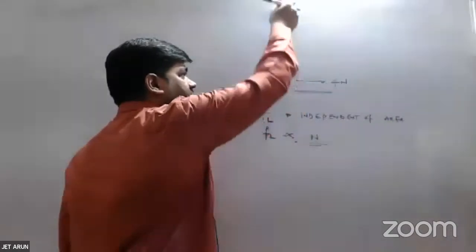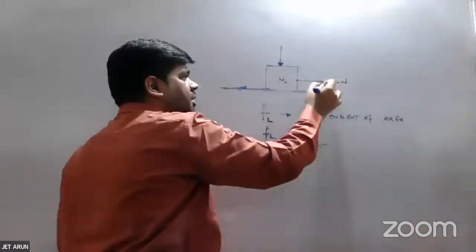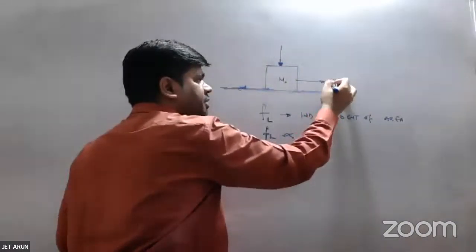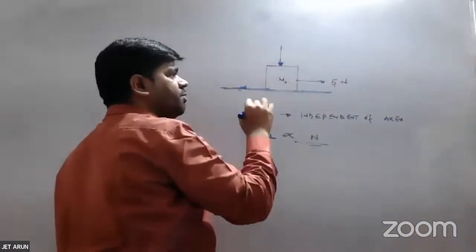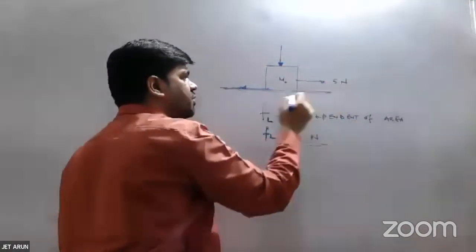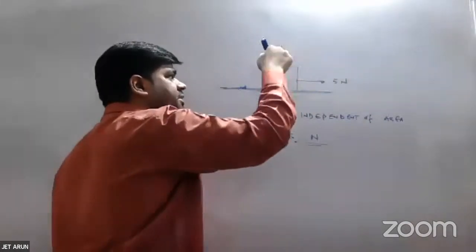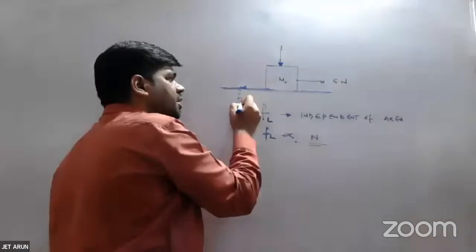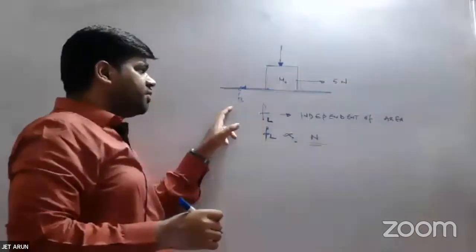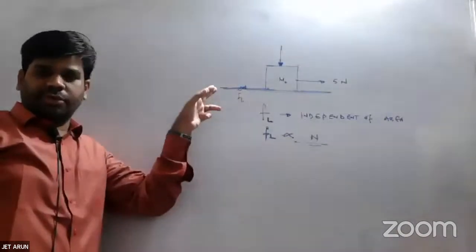That means if I push this block further and apply a force of 5 Newton, I observe that the particle is still not moving. Before, it was moving at 4 Newton itself, but now even if I apply 5 Newton of force, the particle doesn't move. That means the normal reaction is increased, so my limiting value is increased. If the limiting value is increased, my self-adjusting force can now adjust to a value greater than before.